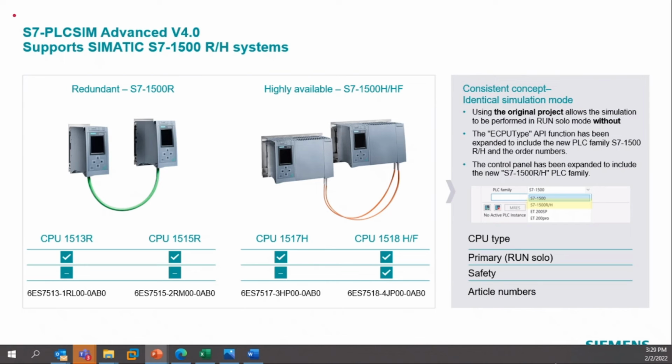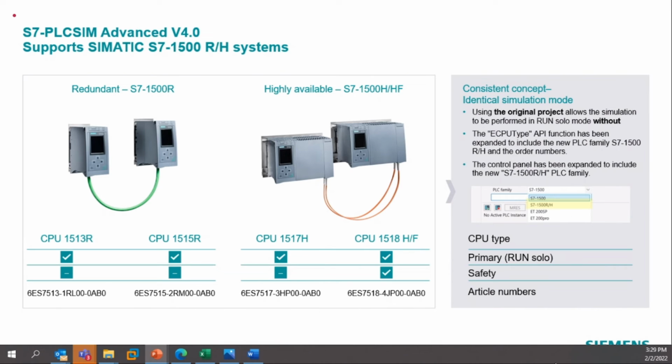So checking the logic with PLCsim Advanced was not possible. But now with version 4.0, it's possible to check the 1500R CPUs, whether it is 1513R or 1515R, and also the 1500H CPUs, which is 1517H or 1518HF.